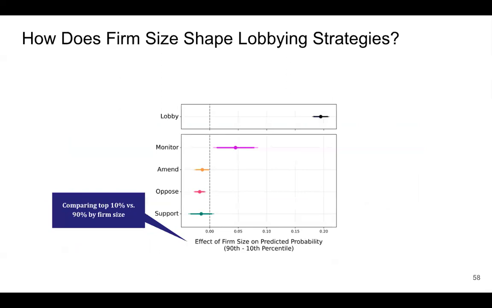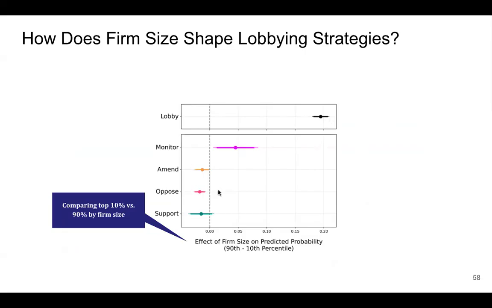So how does the firm size shape the lobbying strategy? This is another hypothesis that the political scientists have had for a long time: the larger firms just lobby a lot more.